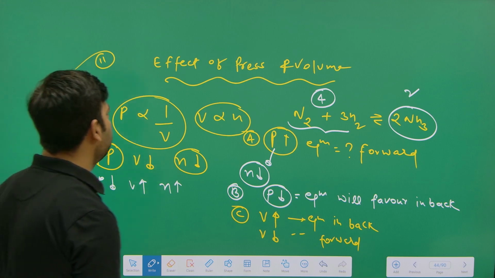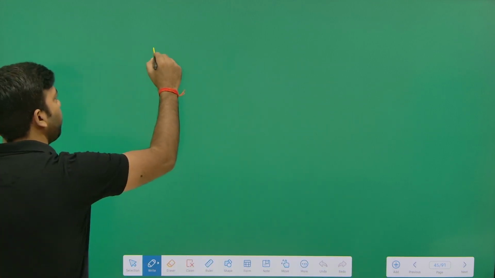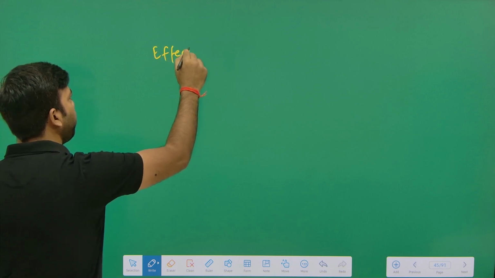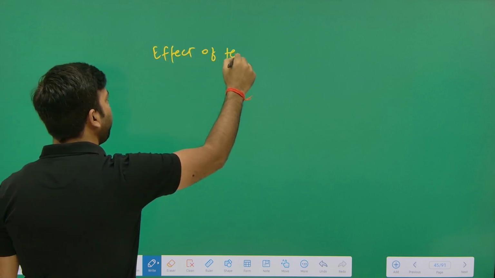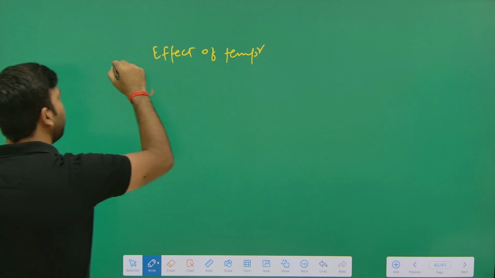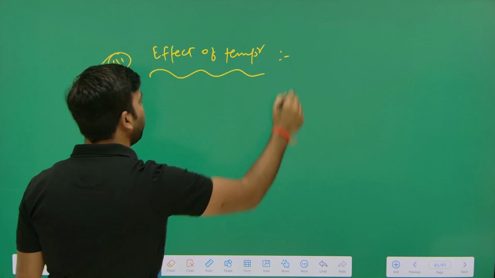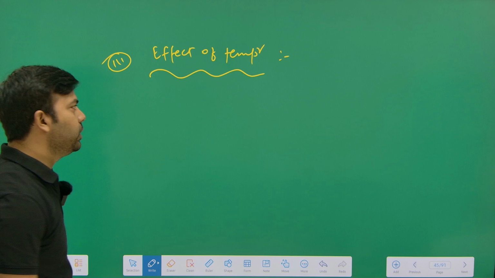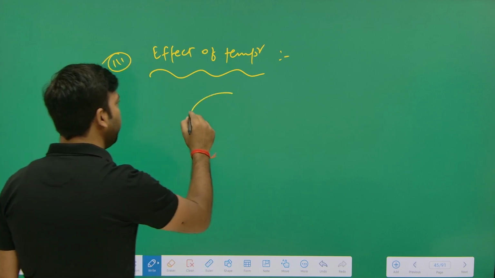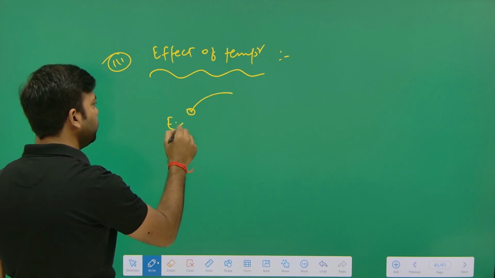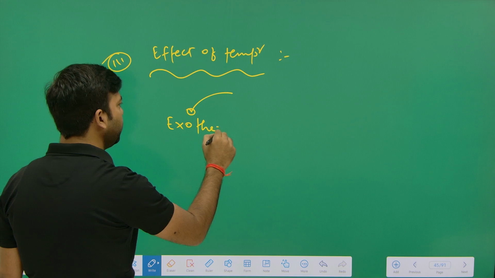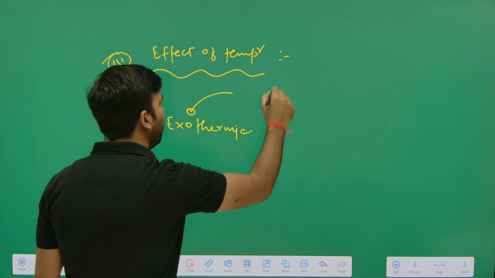Now the next is the effect of temperature. According to temperature, a reaction can be classified in two categories: exothermic and endothermic.